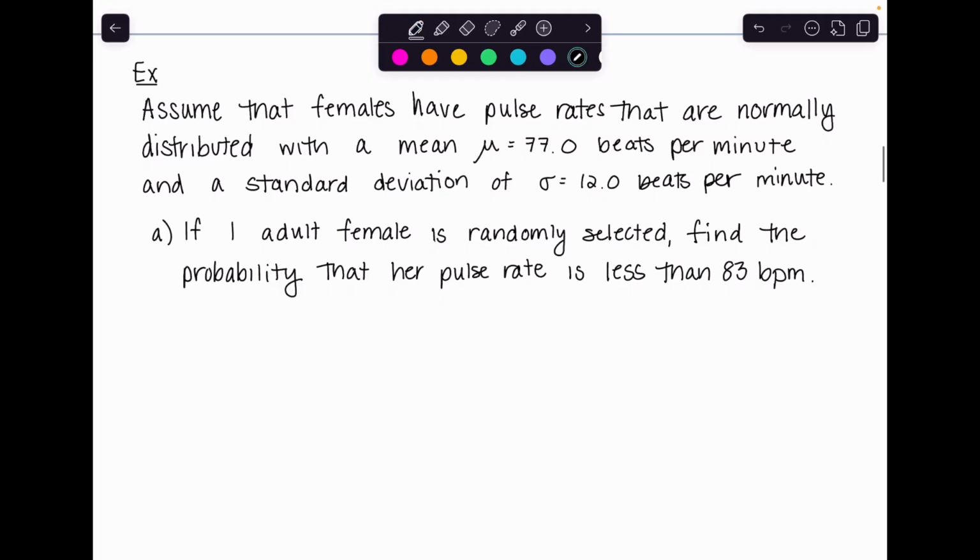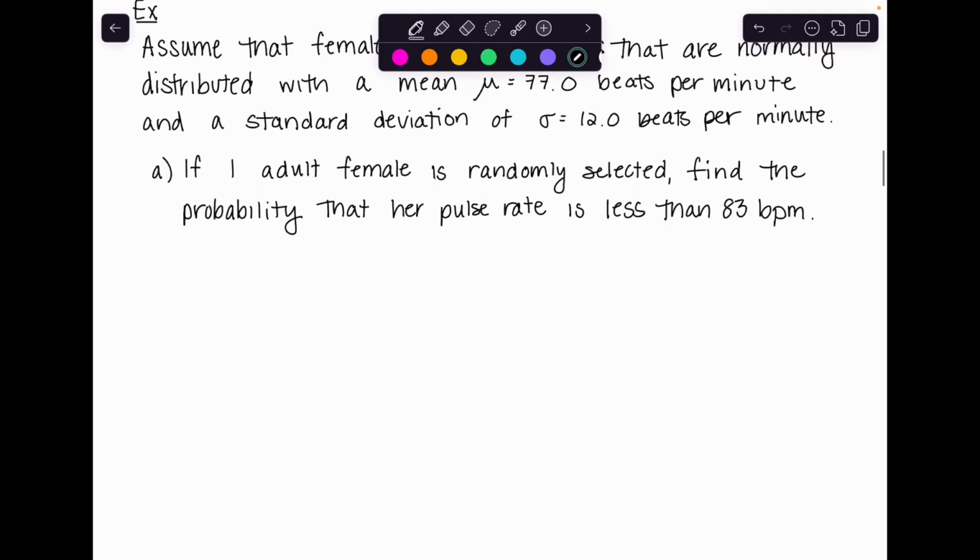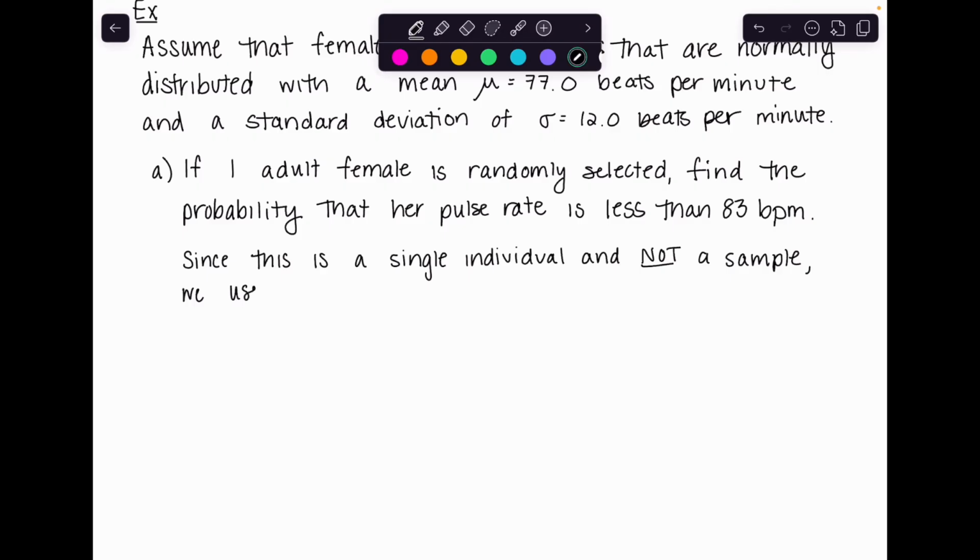Since this is a single individual and not a sample, we use our regular population distribution.